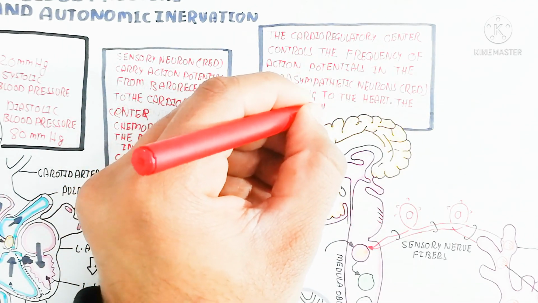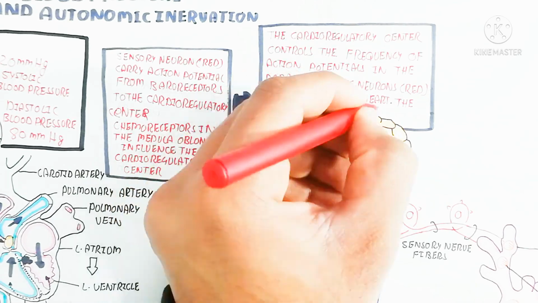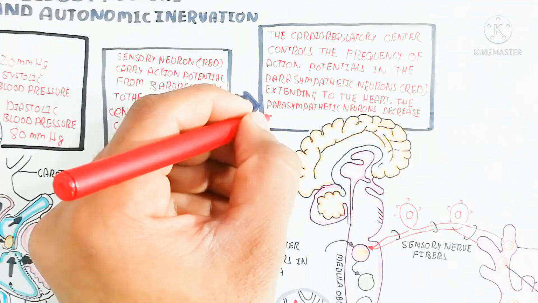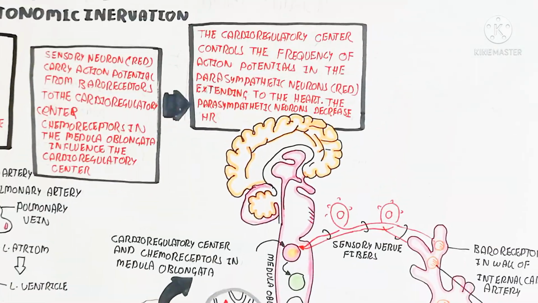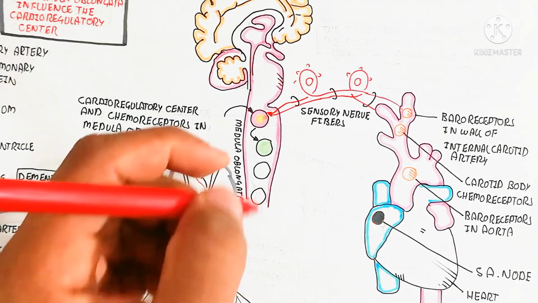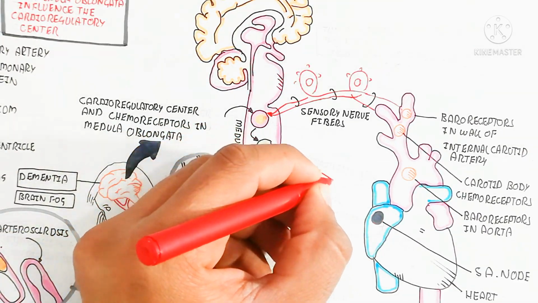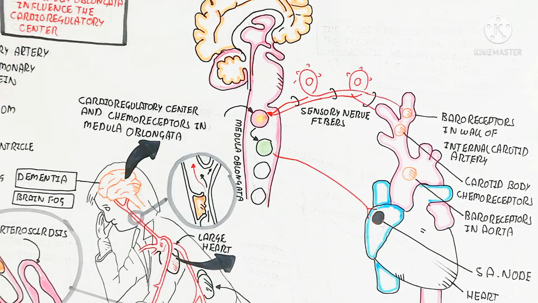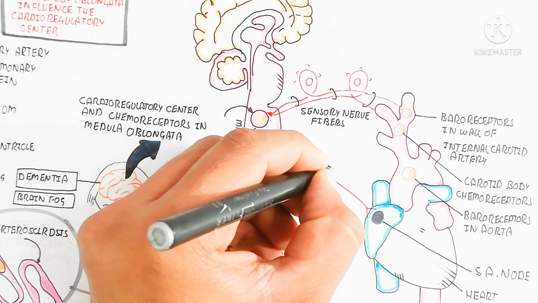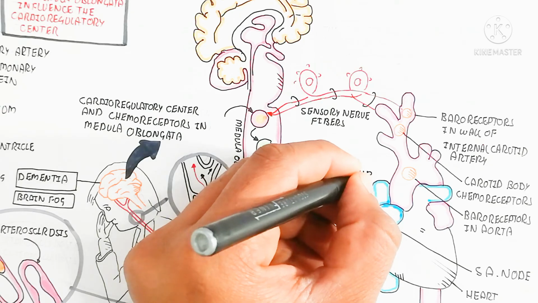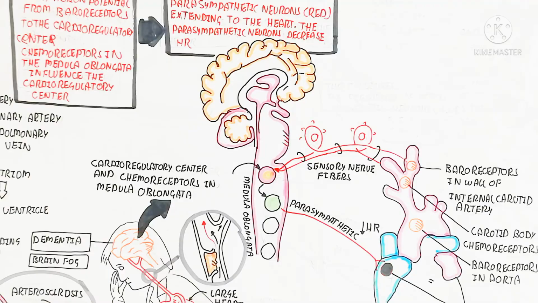So how is it possible? Let's begin to understand. The green color is the cardioregulatory center, which controls the frequency of action potential in the parasympathetic neurons, red color here. And in this way, extending toward the heart, the parasympathetic neurons decrease heart rate.